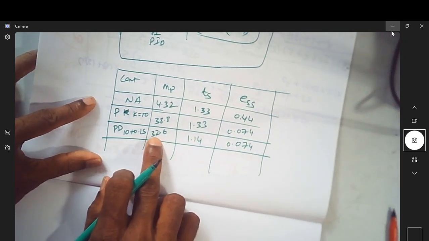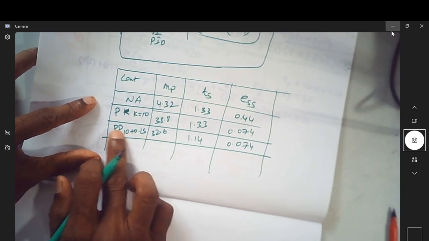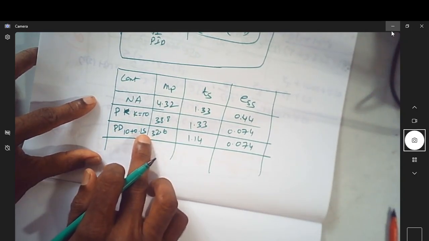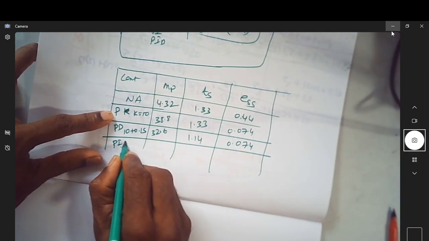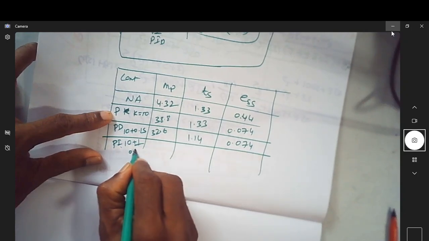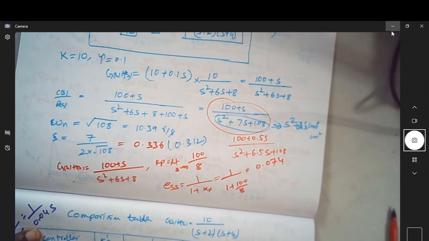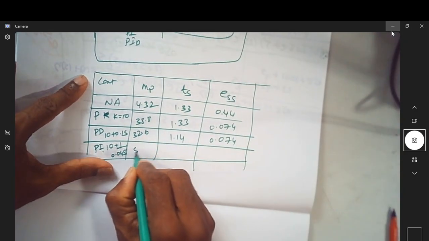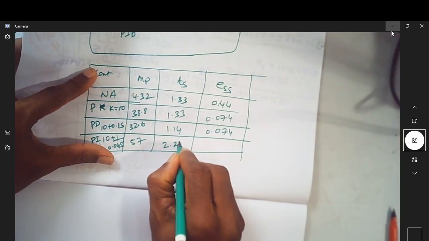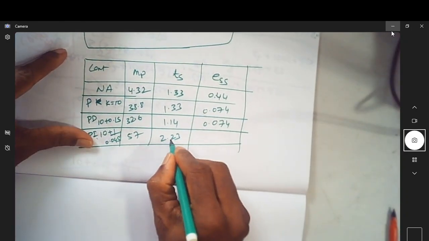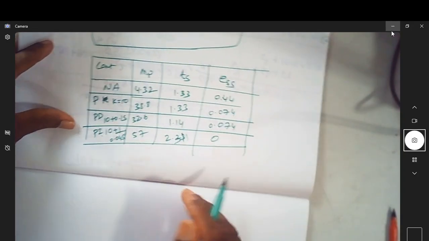It has reduced the overshoot and the Ts for these values of proportional value and time constant of the derivative controller. For PI, when we consider 10 plus 1 over 0.04 s, for this specific value we had the overshoot as 57%. The time was 2.31 second, and ESS is absolutely zero.